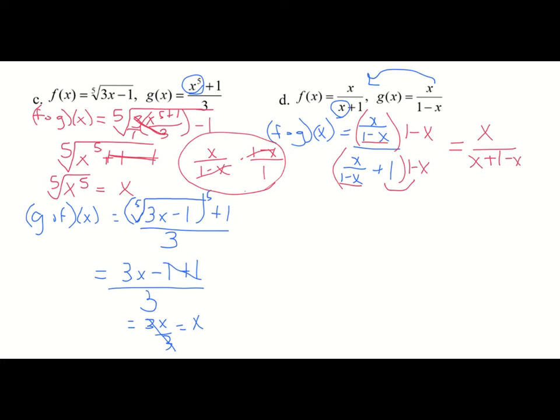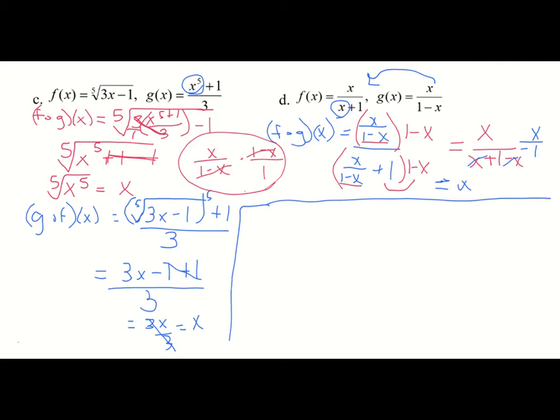And this is kind of nice, because if I look at this denominator now, I have x plus 1 minus x. Well, that means that my x's here, they're going to cancel. And we have x over 1, but that simplifies to just an x. Okay, so that one, even though it was very complicated, it looked like it wasn't too bad, and it worked.